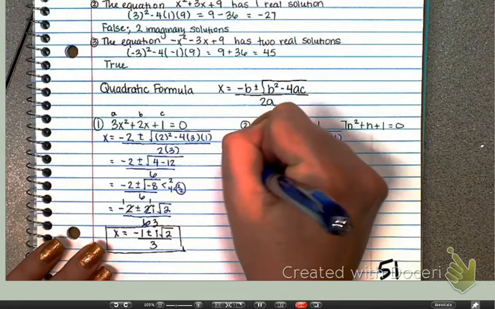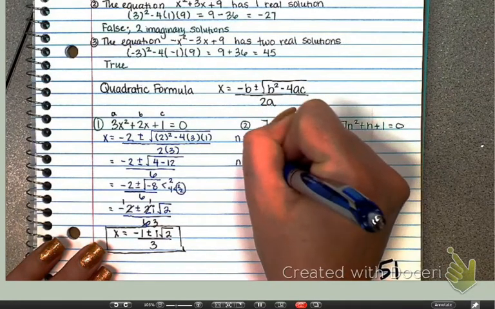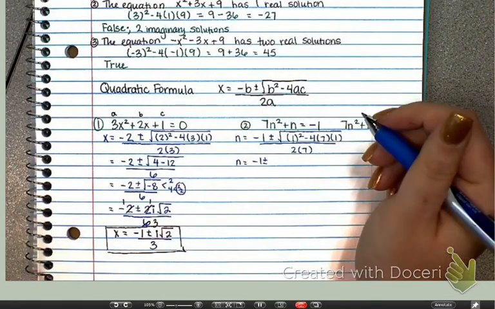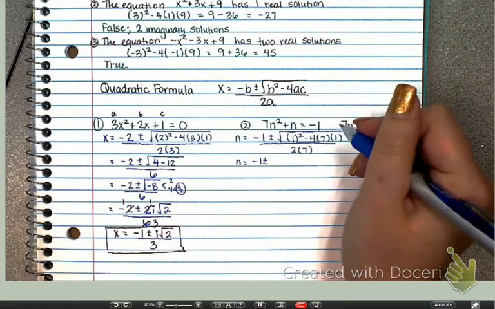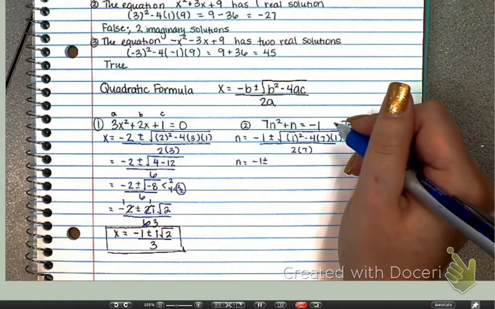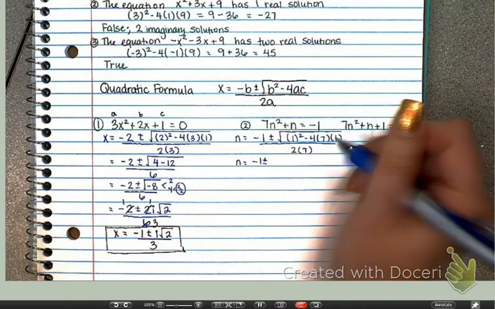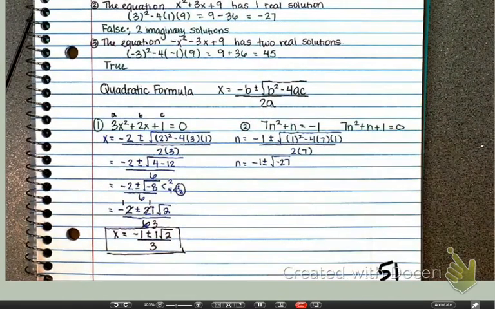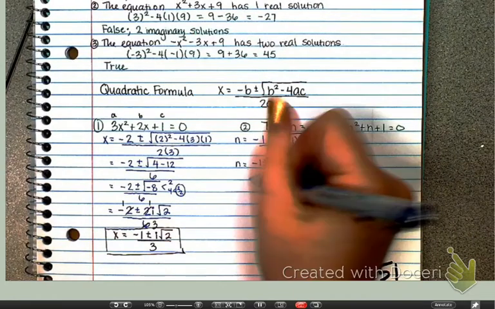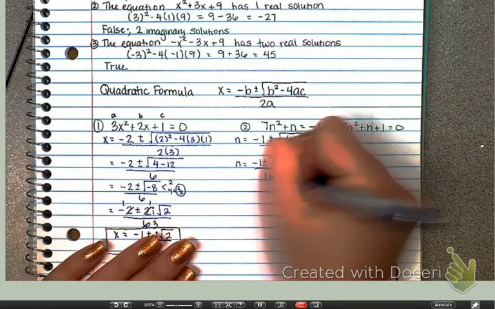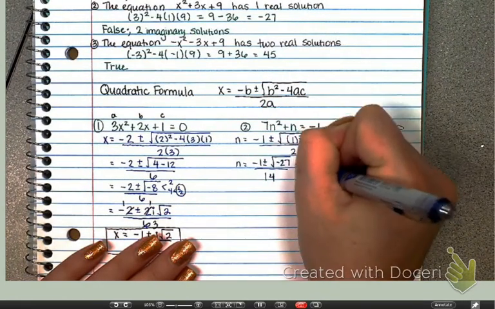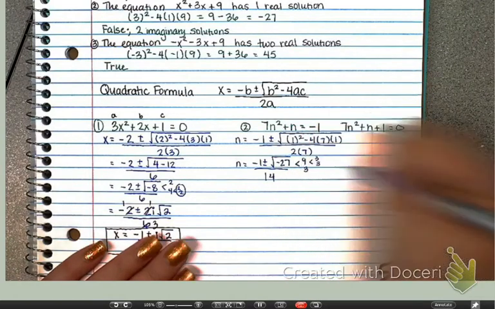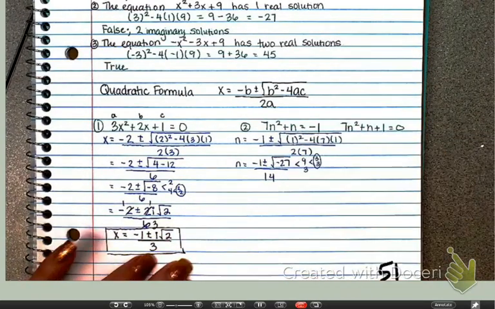N equals -1 plus or minus, so 1 squared is 1, and then we have minus 28. So you end up with a -27 underneath the square root, all over 14. So 27 breaks down to 9 and 3 and 3 and 3. So I have a pair of 3's.